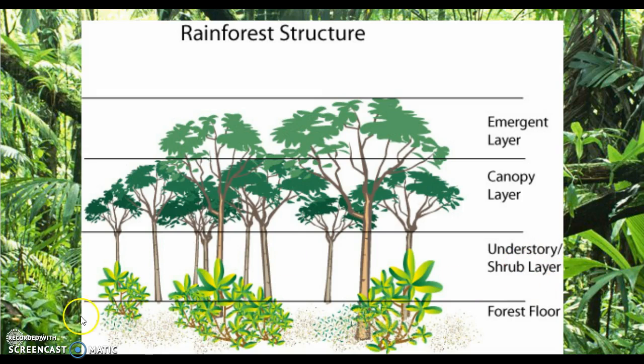The third layer is the forest floor. It's composed only of a few plants, like ferns, that are able to adapt to the lack of sunlight.